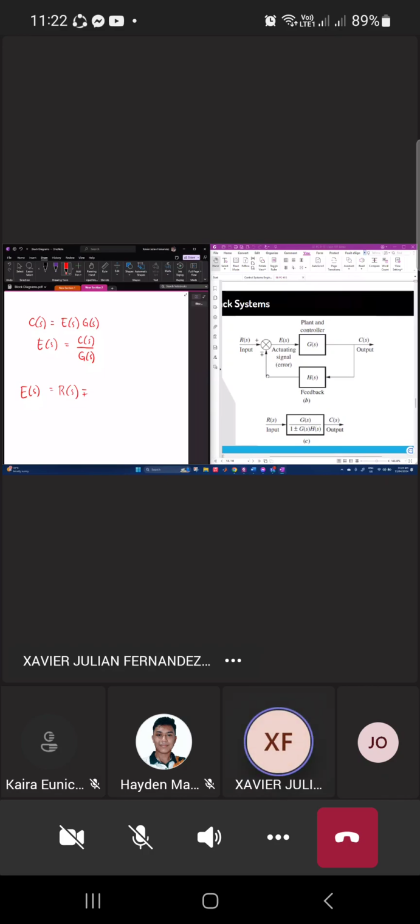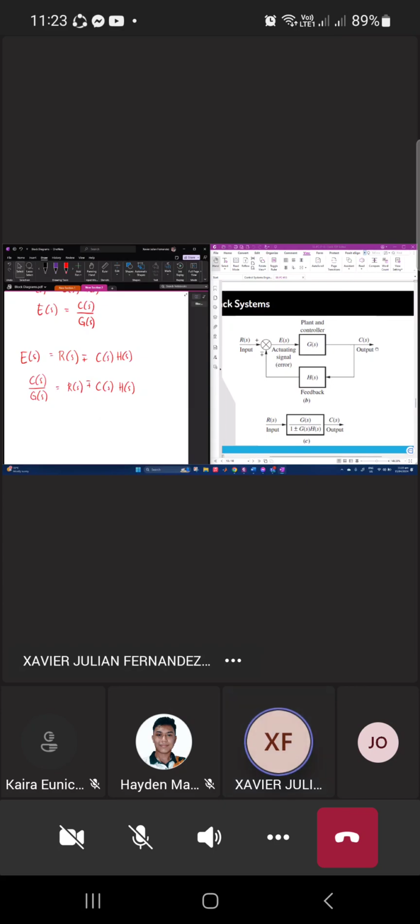Okay? And how do we get C of S over R of S? How do you think we can do that? We can move this part here. So the plus minus, or minus plus, becomes plus minus: C of S times H of S equals R of S. So you can see the pattern.